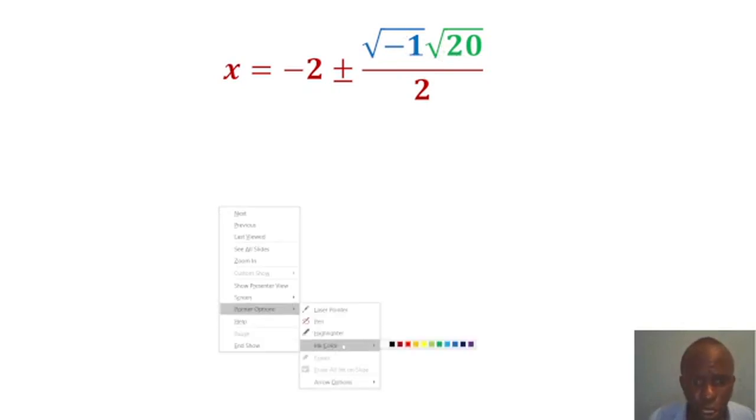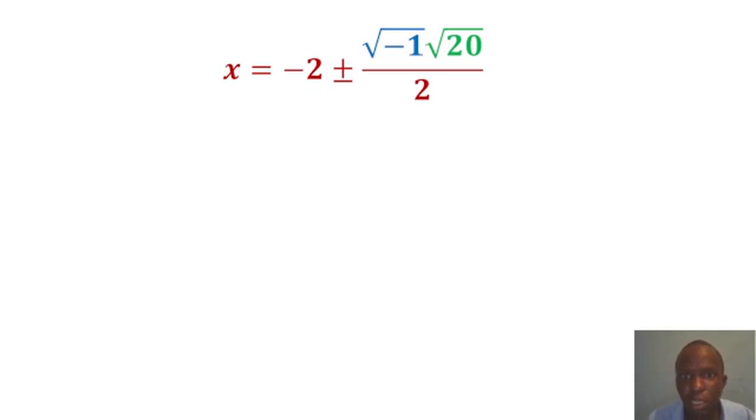Now you look at that, square root of negative 1, and you factor out negative 20, it now becomes simpler in a manner that we can get the square root of 20.